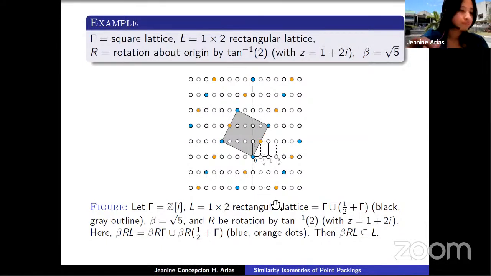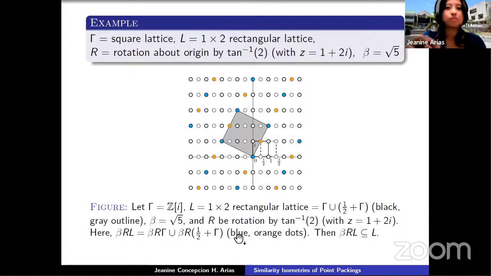Meanwhile, beta RL is represented by the blue and the orange dots, where the blue dots represent beta R gamma and the orange dots represent beta R of 1/2 plus gamma.